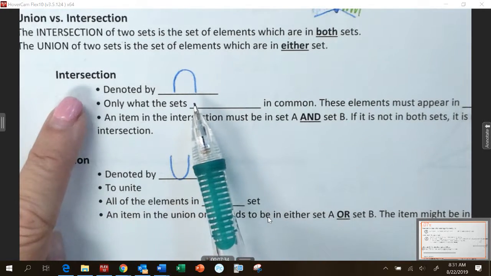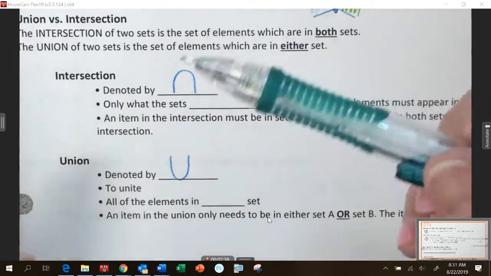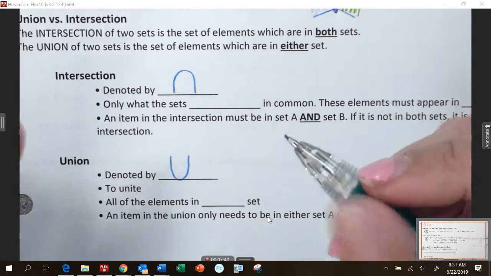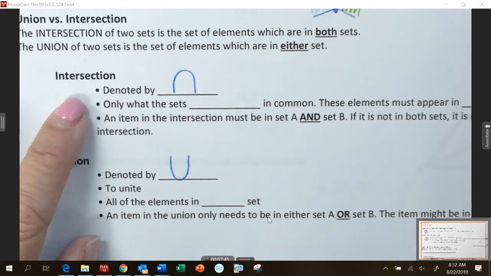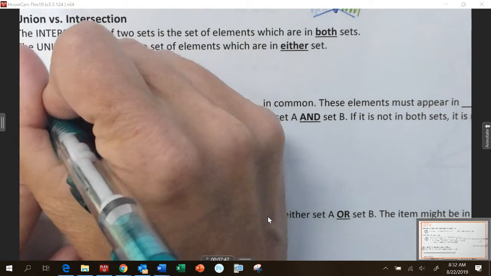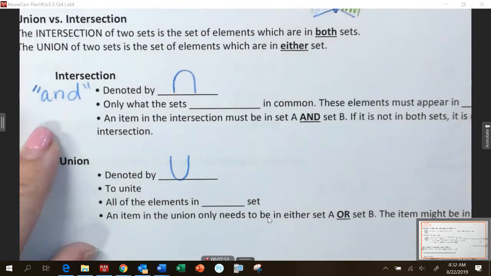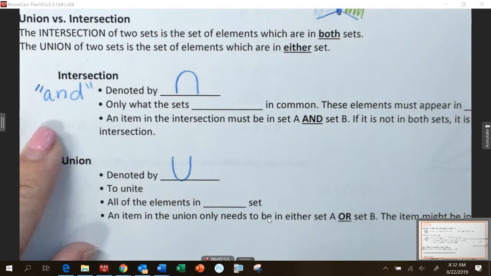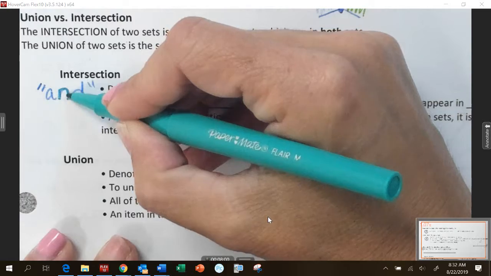Now the intersection, there's different ways you could remember this one. Intersection is what they both have, and a lot of times we use the word and when we talk about intersection. And right in the middle of the word and is that symbol that makes the intersection.